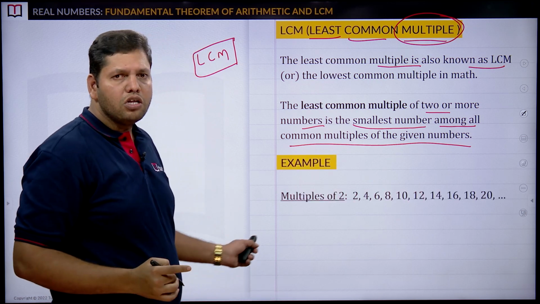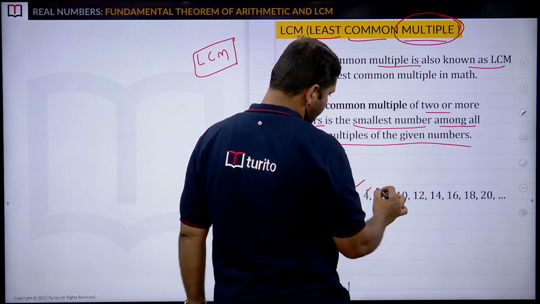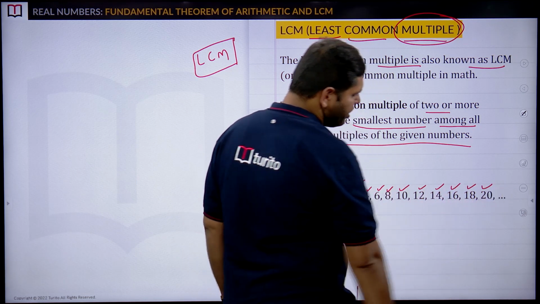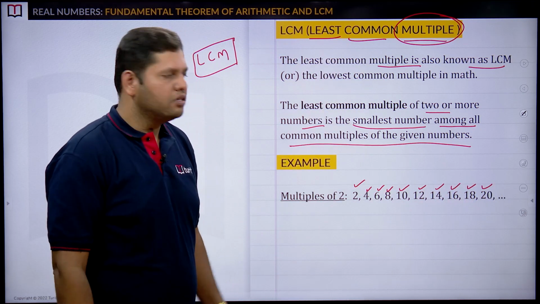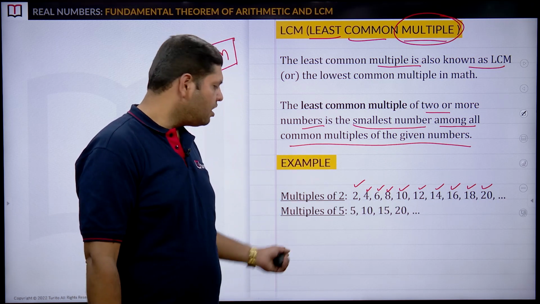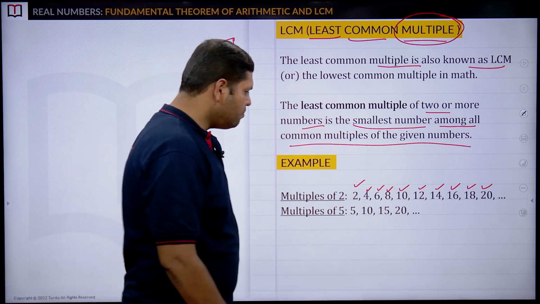Children, let us see one example. I am writing all the multiples of 2, children. What are the multiples of 2? 2, 4, 6, 8, 10, 12, 14, 16, 18, 20 and so on. These are all, children, the multiples of 2, isn't it? Next, I have multiples of 5. I am writing all the multiples of 5. So what are all the multiples of 5?